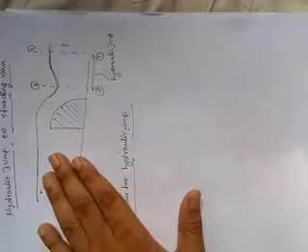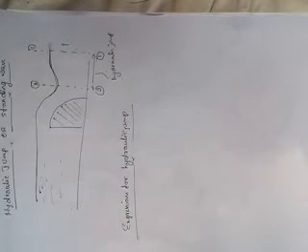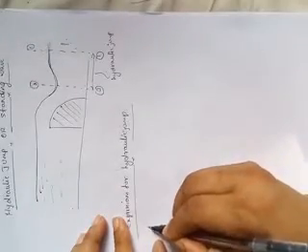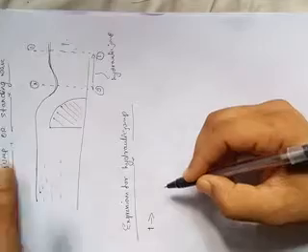Before deriving the expressions for the hydraulic jump, the following assumptions are made. There are different types of assumptions we make.